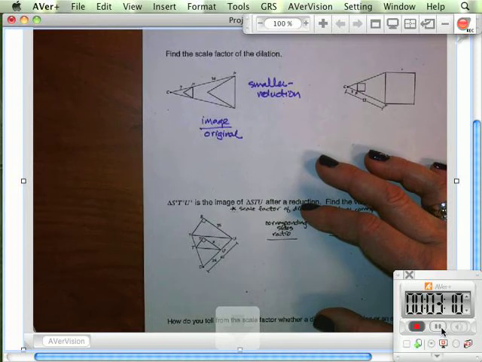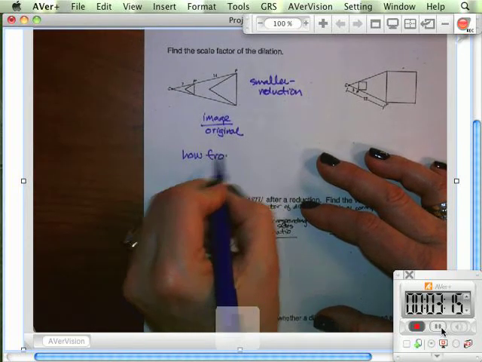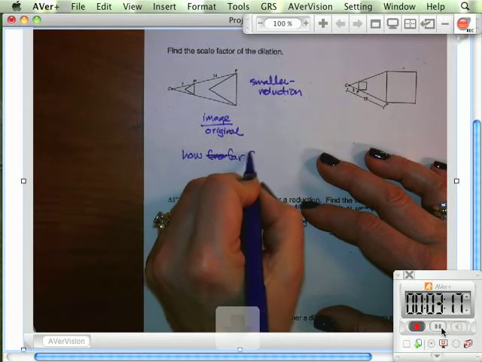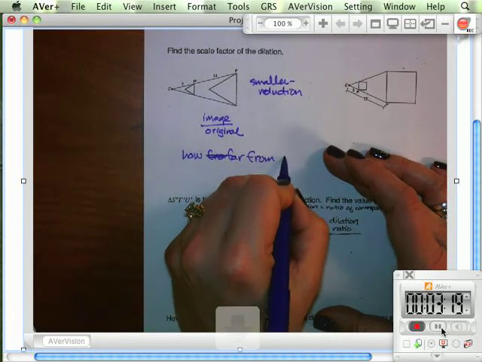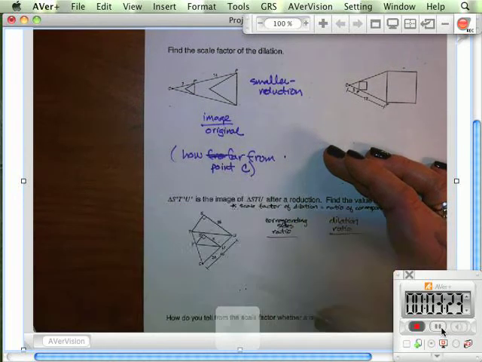So you're looking at how far from point C. That's the measurement you're going to use.